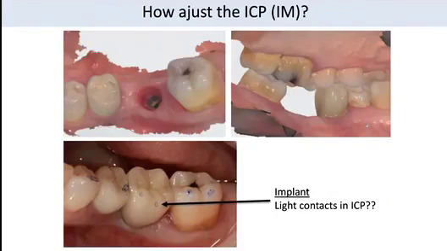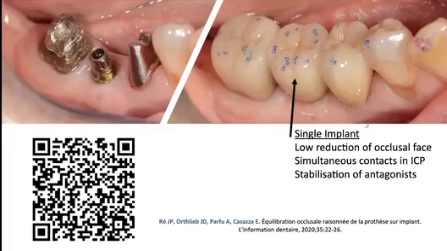like here, or like here. You have a crown on implant here. This is a situation where you have crowns on the natural teeth and a crown on the implant, and you have simultaneous contact.